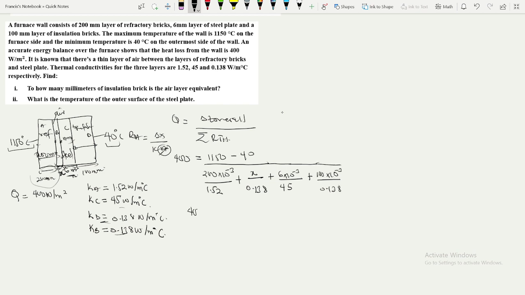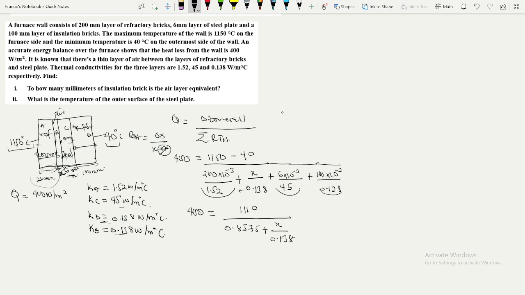So 400 is equal to, when you evaluate this, 1110 all over, now when we evaluate the terms, neglecting this portion, we are going to get 0.8575 plus x over 0.138.